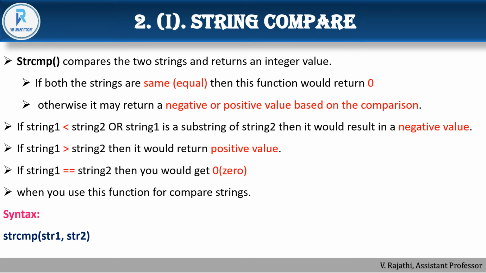If the string is equal to the second string, the result will be 0. So when you are using this function for comparison, this is the syntax: strcmp str1 comma str2. This is the syntax. So let's see the example.